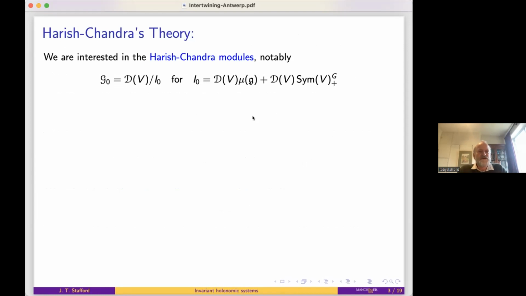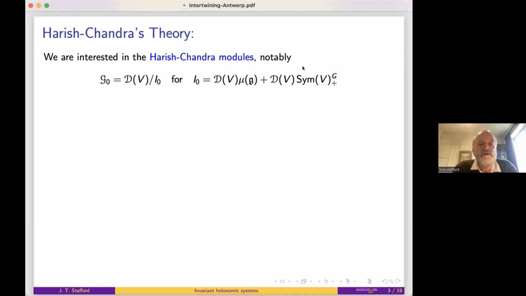So turning to Harish-Chandra's theory, the modules he was concerned with, and we're concerned with, are the following. The first one, I can take D(V), and I factor out both the image of the Lie algebra, so these derivations, and then the positive part of S(V)^G.